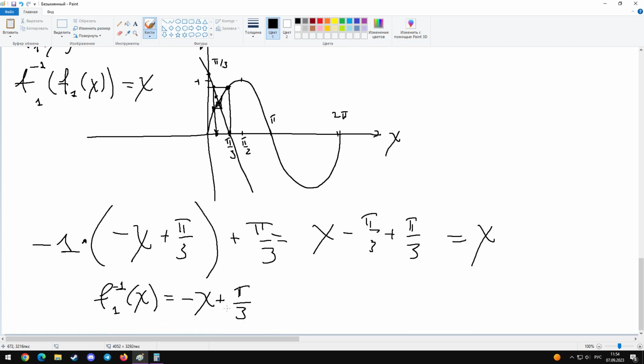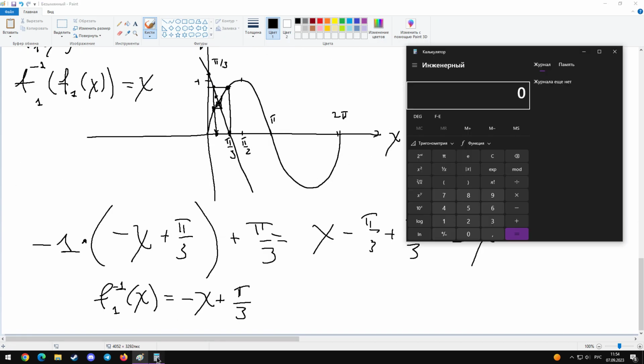Wait a second. It's actually the same function. That's funny.